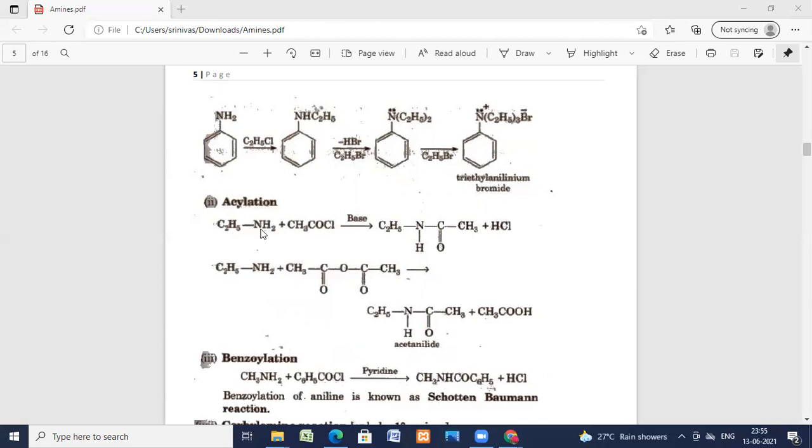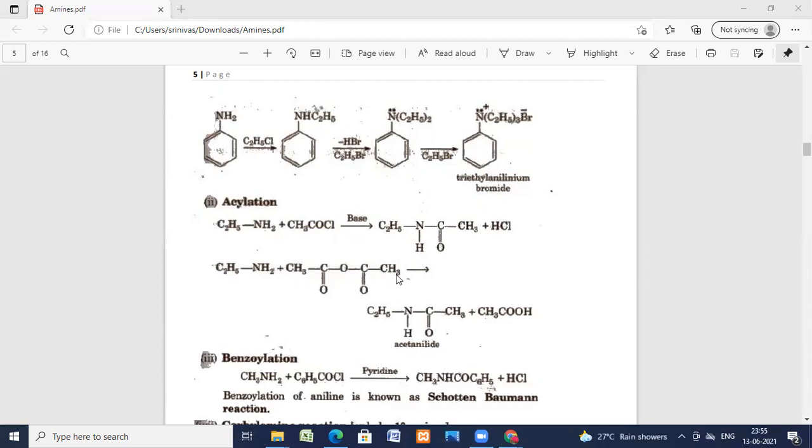Therefore C2H5 NH CO CH3 is formed. This is acylation. For the amine group, the acyl group is added. That is called the acylation reaction. Now here we'll take one more example.